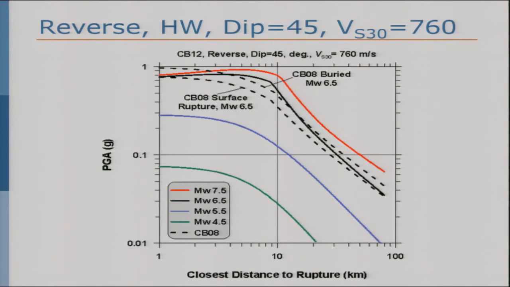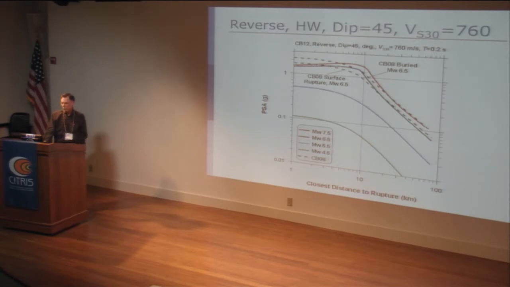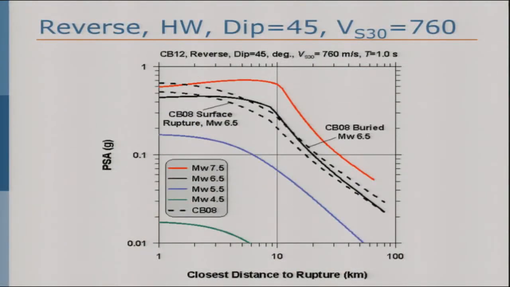So the big difference is right there in the bottom half of the fault zone. And so that difference is quite large. But you can see from our hanging wall term that our residuals, this model is picking up the residuals quite nicely. So this is 0.2 seconds, similar, and 1 second.